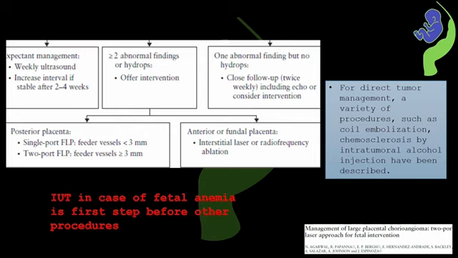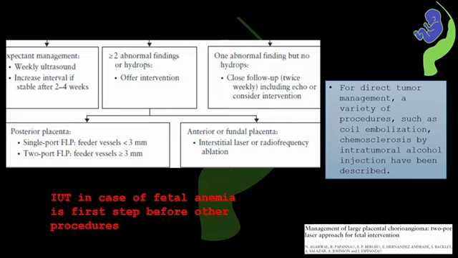In such situations, interstitial laser therapy or radiofrequency ablation are preferred treatment options. These methods are not only more feasible in terms of access, but also provide a reliable way to target and ablate the feeding vessel supplying the chorioangioma, and it is technically also relatively easy.